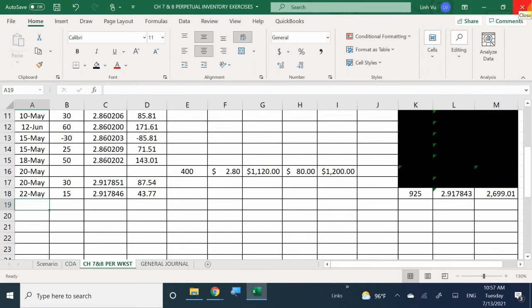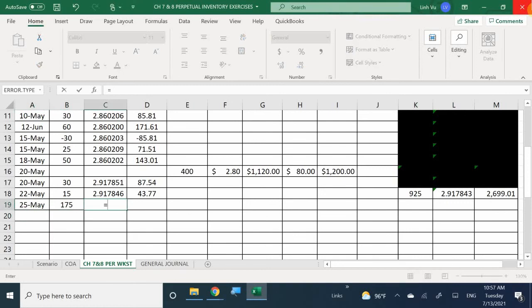Okay. 525 sold 175. Okay, at what cost is each cup that I sold? Put it 2.917843. So therefore, what's my total cost of goods sold?